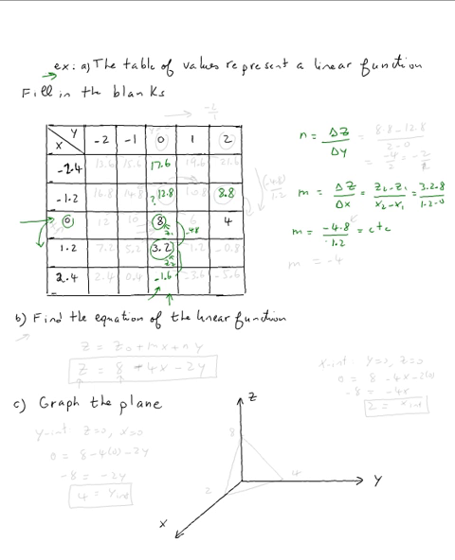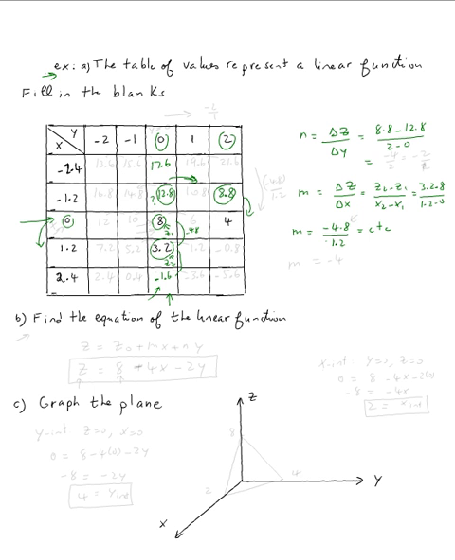So another way, we can either go this way, or we can just keep going that way. I think it's easier to go that way if we get a nice number. So n will be delta z over delta y, which is, I'm using this one, 8.8 minus 12.8 over 2 minus 0.